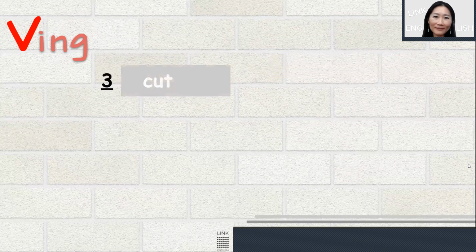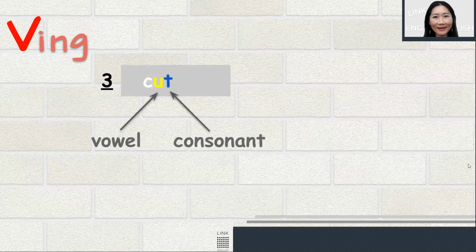Rule number 3. At the end of a word, if you see a vowel letter and then a consonant letter, then what should we do? Double the consonant letter and add ing. So we should double T. T-T-I-N-G. Cut becomes cutting.